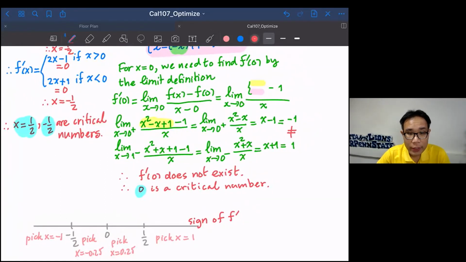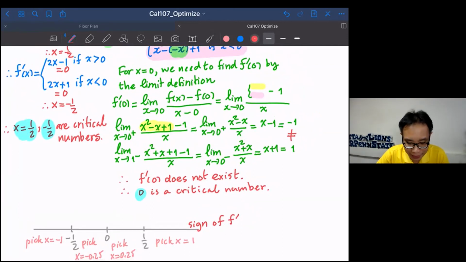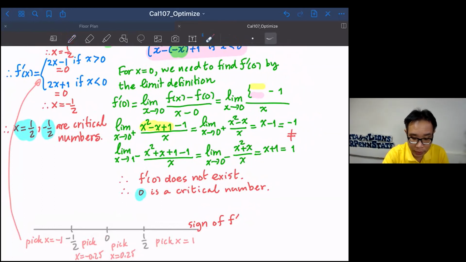So in this case you're gonna plug in x equal to 1. You need to know where you're gonna plug in: you're gonna plug everything into the derivative of the function. With x equal to 1, you get positive sign.